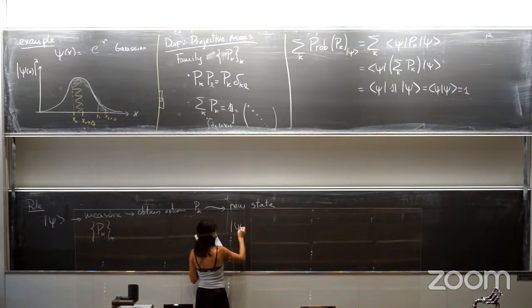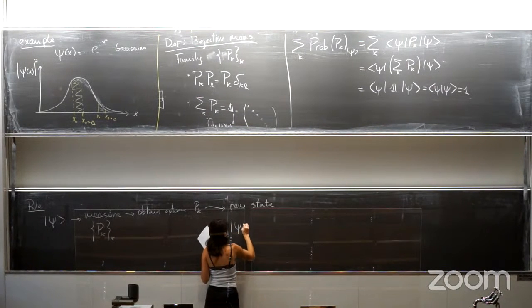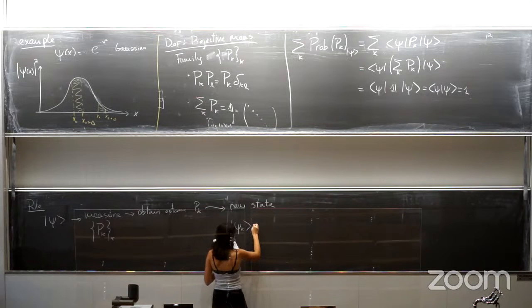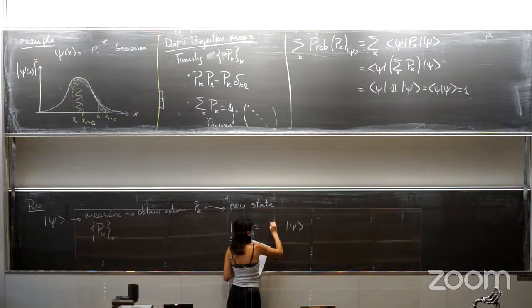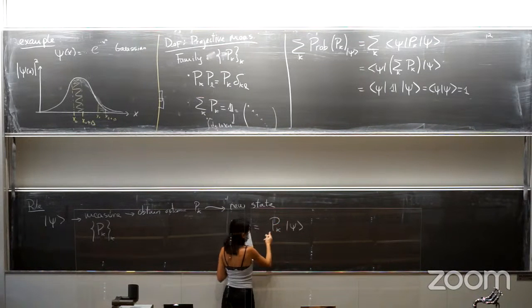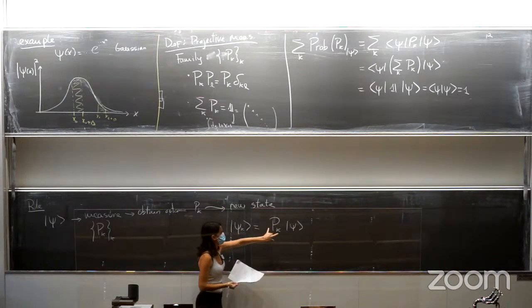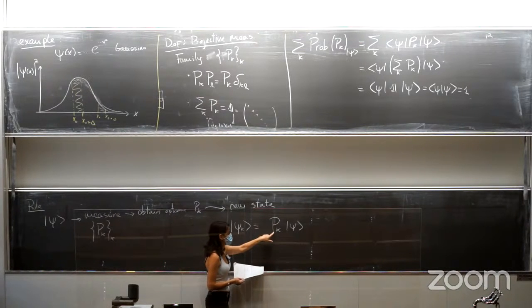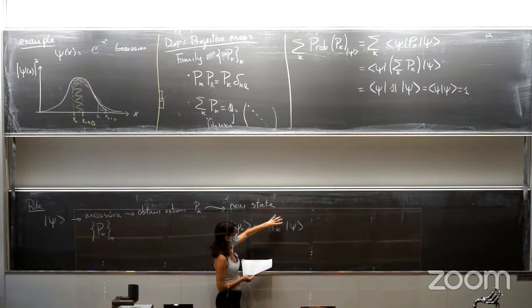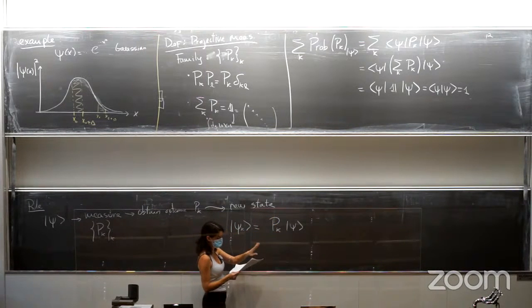This is a rule for now. Later, we'll see a little bit about how it emerges. You took your initial state and you project it, you act on it with this matrix pk. Now, this ensures that if you measure it again, because of the properties of projective measurements, you get the same outcome for sure.